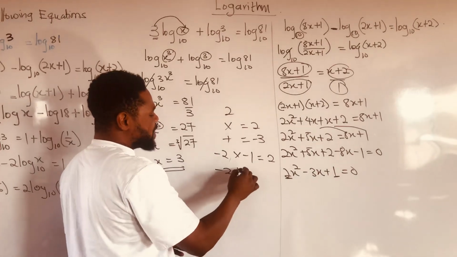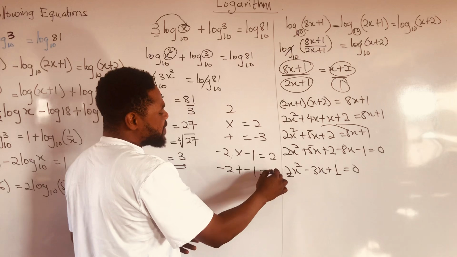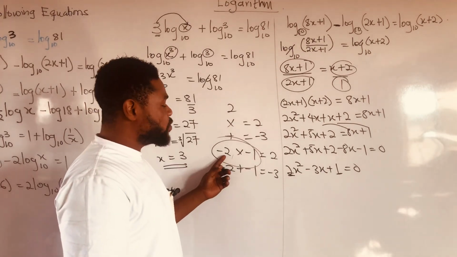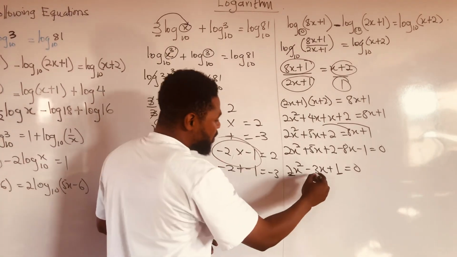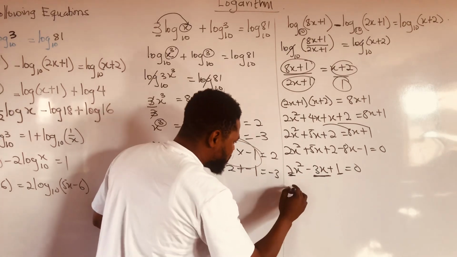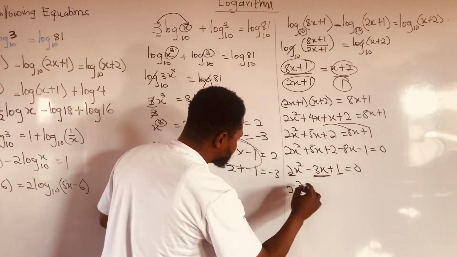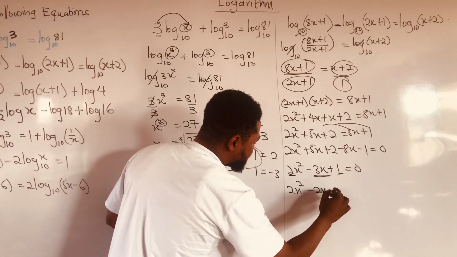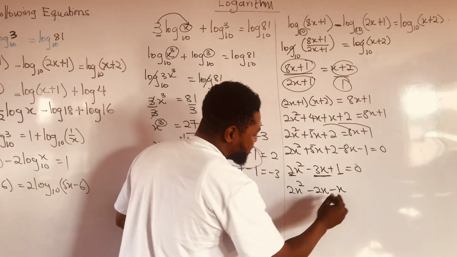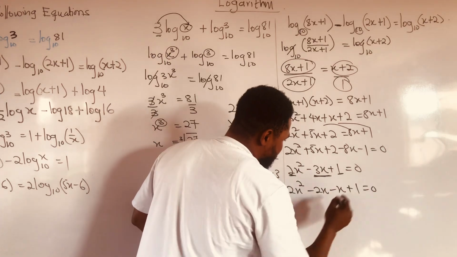And negative 2 plus negative 1 will give us negative 3. So our factors are going to be negative 2, negative 1. So we are going to use it to replace the negative 3x. So we have 2x squared minus 2x minus 1x plus 1 equal to 0.